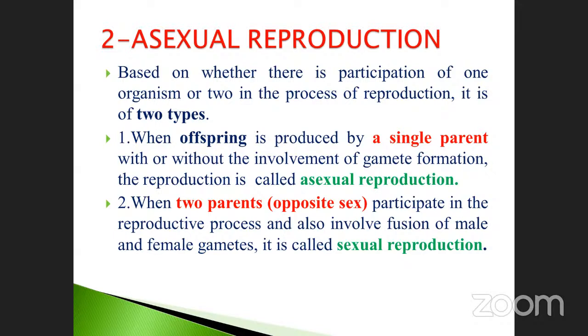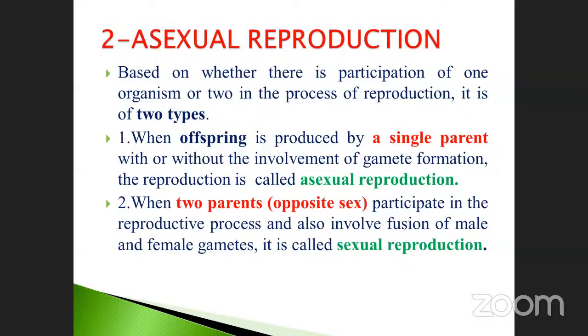They may be divided into two types. See here. When offspring is produced by a single parent, whether it may be male or female, with or without the involvement of gamete formation, that is very, very important, the production is called asexual reproduction. Asexual means absence of sexes. What does sexual reproduction mean?